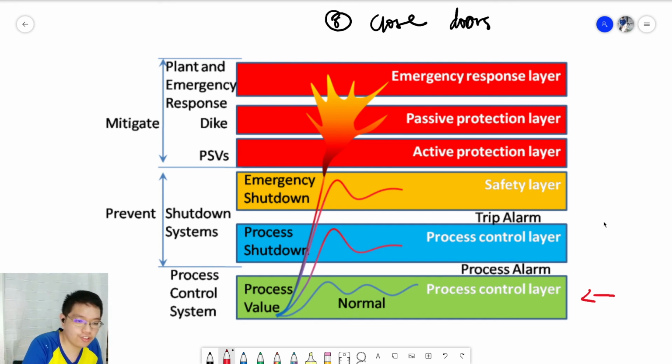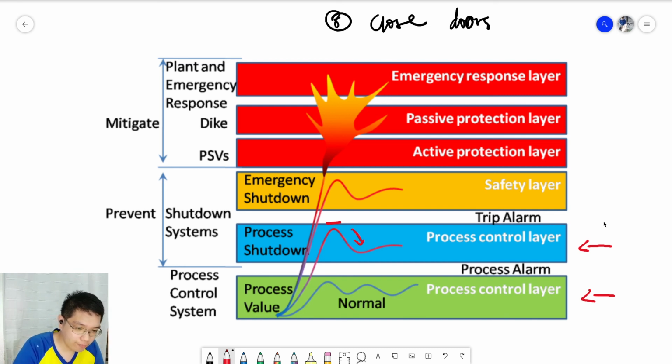If malfunction starts to occur, then you do process shutdown in order to prevent the worsening of the problem, so that you can immediately mitigate and fix the problem. So that's why the curve is going down.